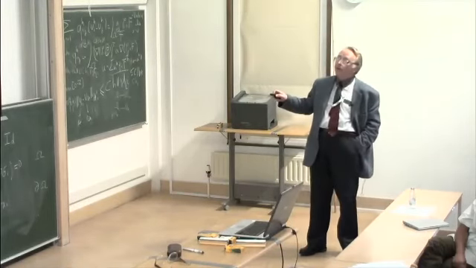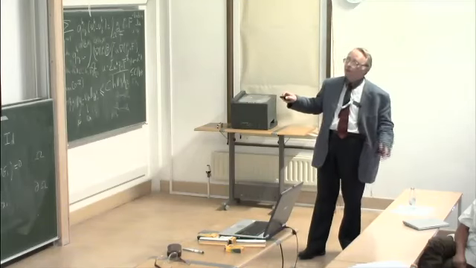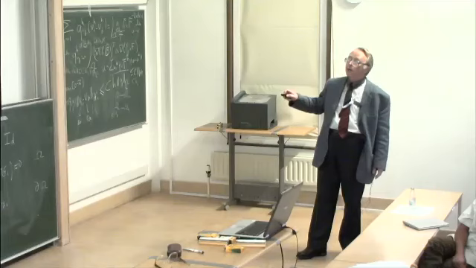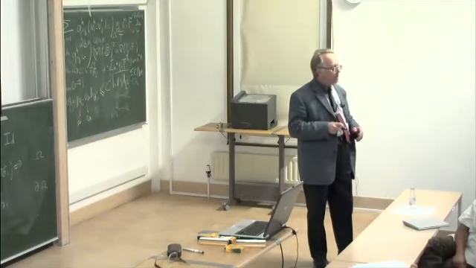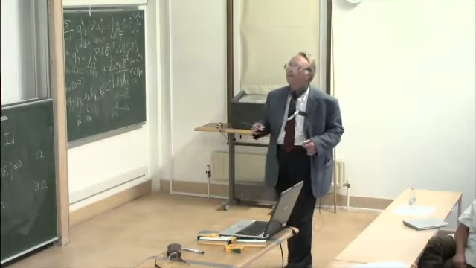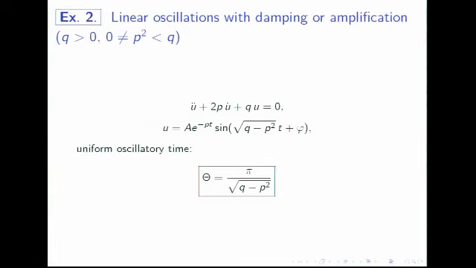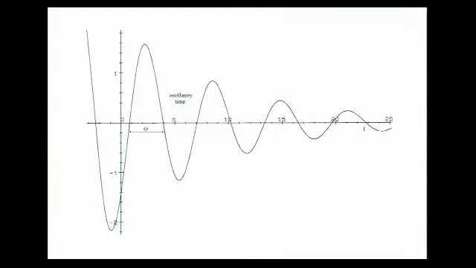And again, we can derive that the uniform oscillatory time for this equation is Theta equal to pi over square root of q minus p squared. Here we can see the oscillatory time in this figure.